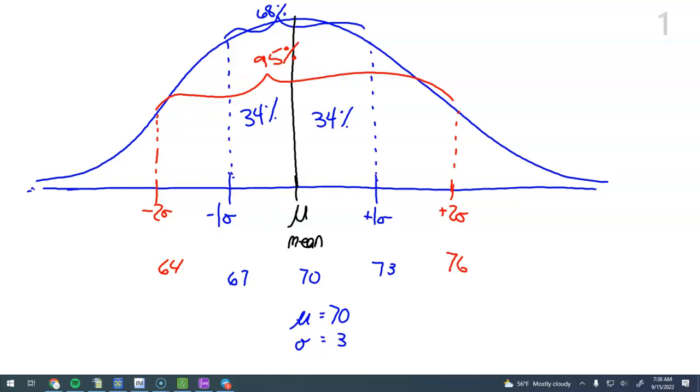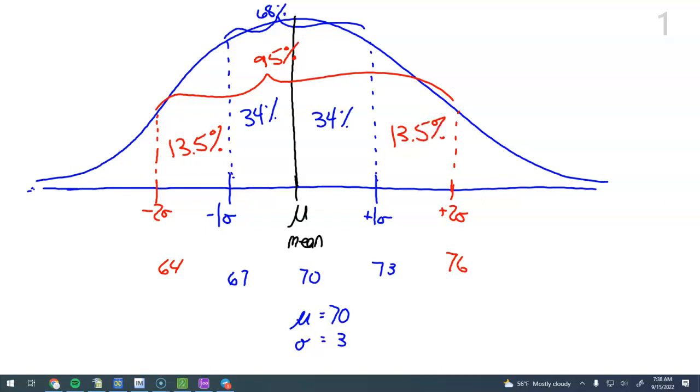What's left between 95 and 68? 27. So 27 plus 68 would be 95. But that 27 needs to be split, right? So there's going to be 13.5% in each of those sections.